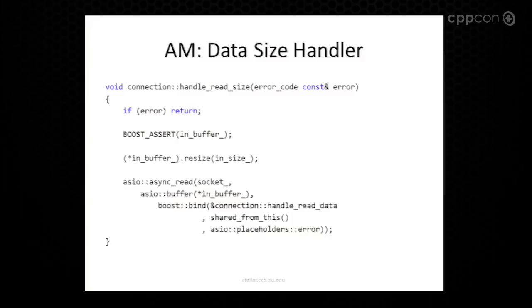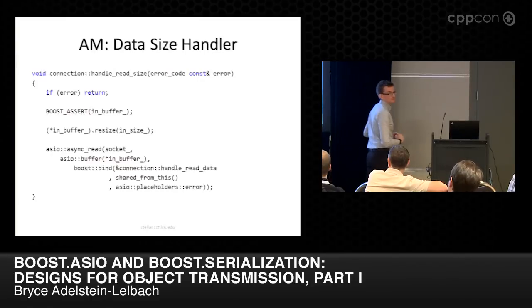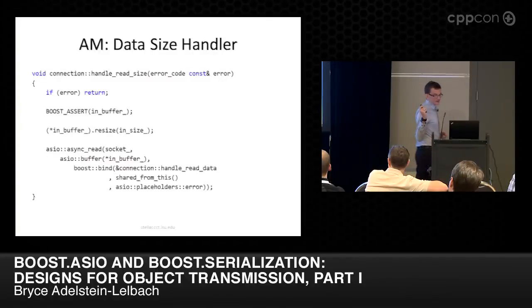OK. All right, so this is what the next part in our processing loop looks like. Again, we've got some bad error handling, which is just if we've got an error, we're going to break out of the loop. This error code, as I mentioned before, is a boost system error.